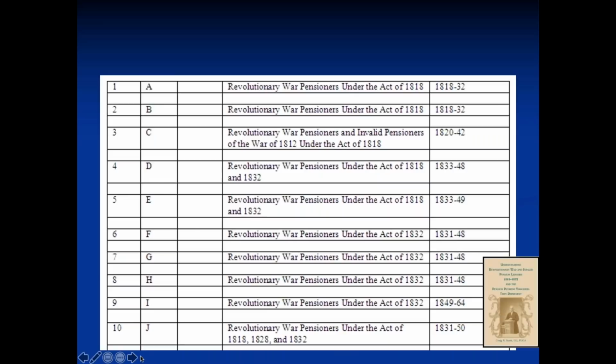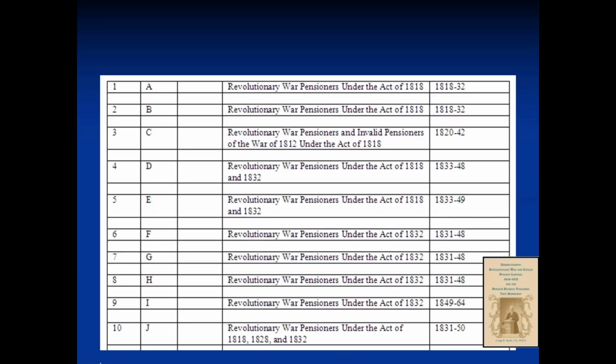We can follow it by looking at the years that are actually being covered. So the first ledgers cover 1818 to 1832. Then in 1820, there's another set of ledgers for those Revolutionary War pensioners who continue on, who are added after 1818, who are determined to be indigent and able. And then we see that the pension ledgers begin in 1833.